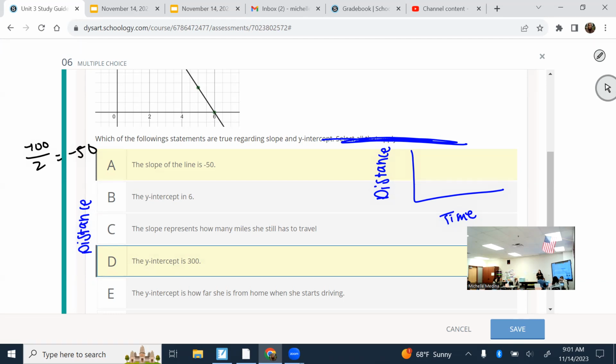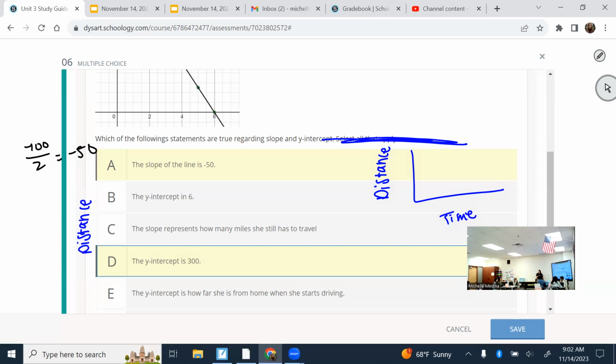Slope is always your... it tells you how much the situation is changing for each interval. If my slope is -50, like -50 what? Well, I'm not gonna flat out tell you, so we can just stare at each other until someone figures it out.